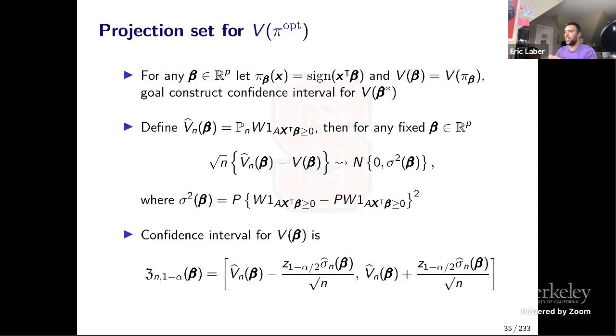So what we'll do is construct a confidence region for beta star, and then take an interval like this for every beta in that confidence region and take a union of all of them. There are two ways we can make a mistake. One, our Wald interval might not capture beta star, or it might capture beta star, but this confidence interval might still miss. This is still a 1 minus alpha confidence interval, so it has some probability of missing. So the probability that one of them misses is bounded by the sum, and so our error level will be the sum of the two.